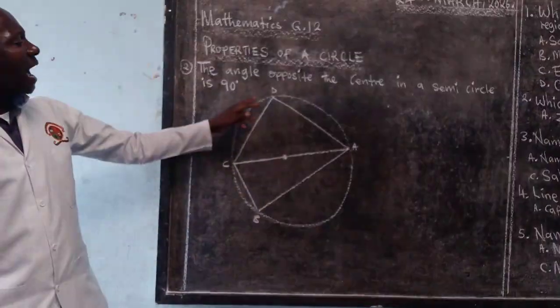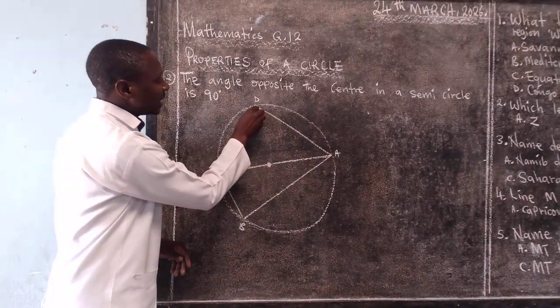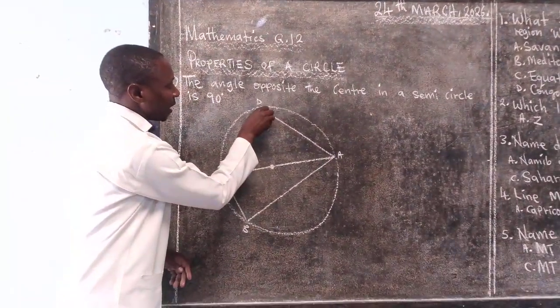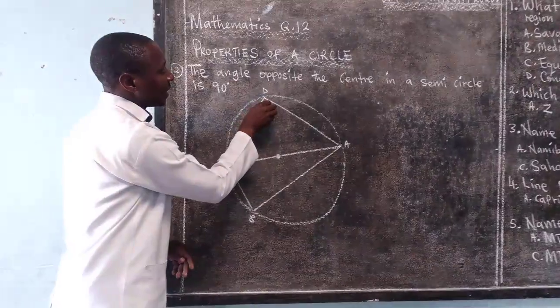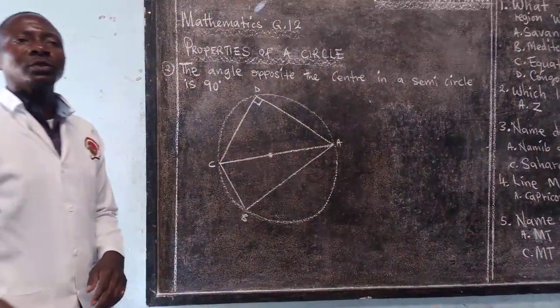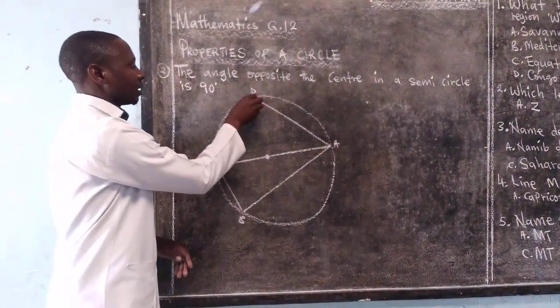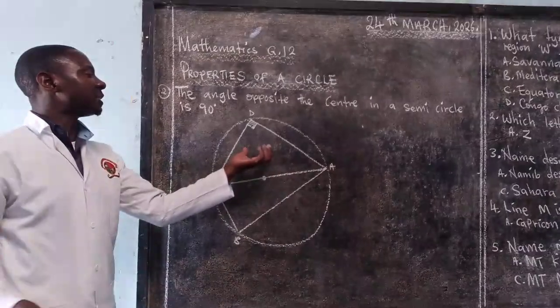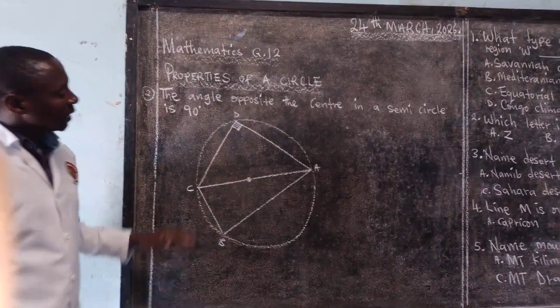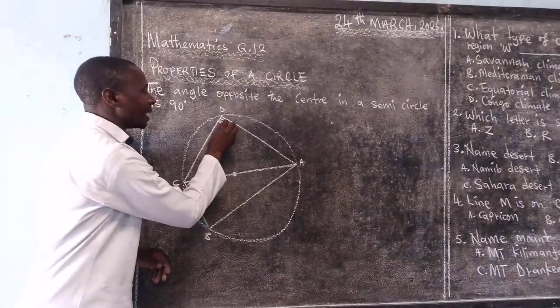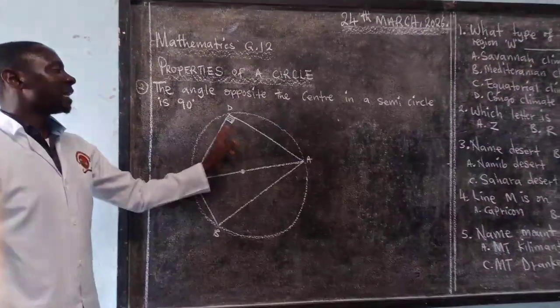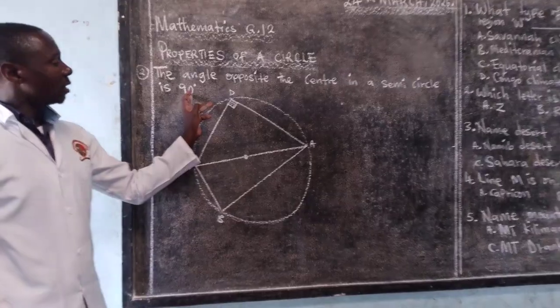Now, the angle that is opposite, this angle here, as long as I'm able to draw a square in this semicircle, it shows that the angle is 90 degrees.